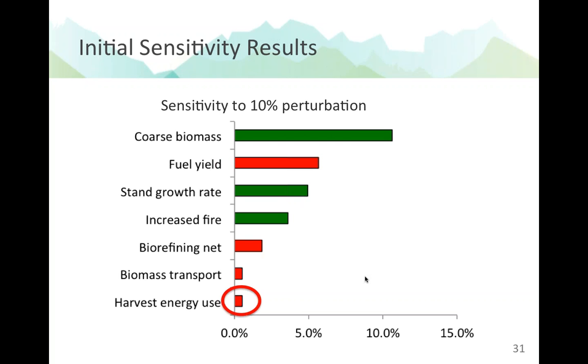So things like how quickly the stand regrows, if you get a change in fire frequency or intensity associated with your harvest. And the things in red are associated with the engineering side. So how much fuel you're getting out of the Cool Planet process, how much energy use, how much diesel you have to use to get stock out of the forest, things like that.